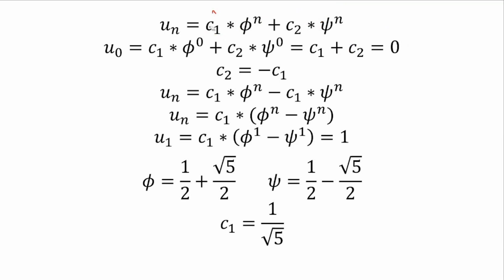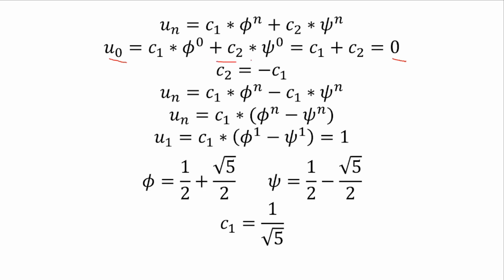If we want to know these two constants, we will apply the conditions. The first condition says that u of 0 equals 0, which can be thought of as c1 multiplied by phi to the 0 plus c2 multiplied by psi to the 0, equals c1 plus c2 equals 0.